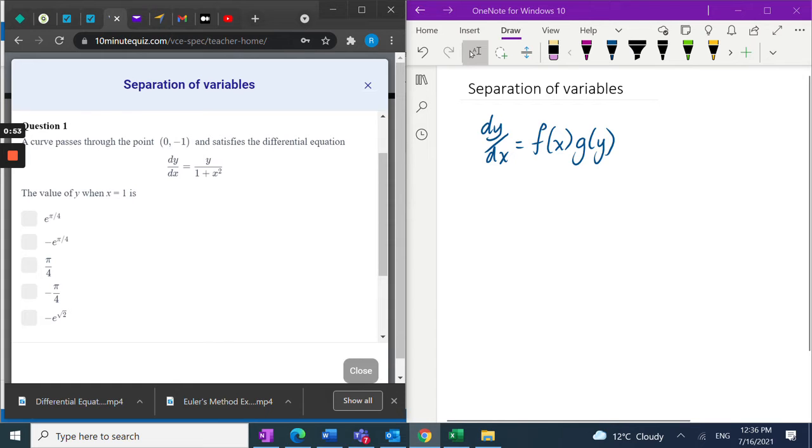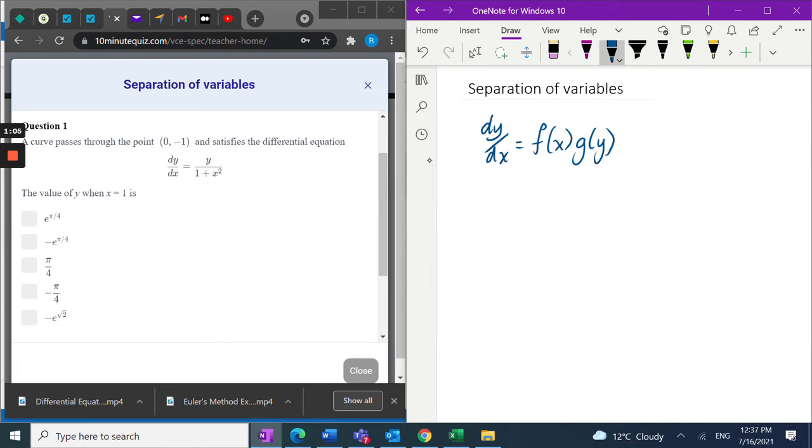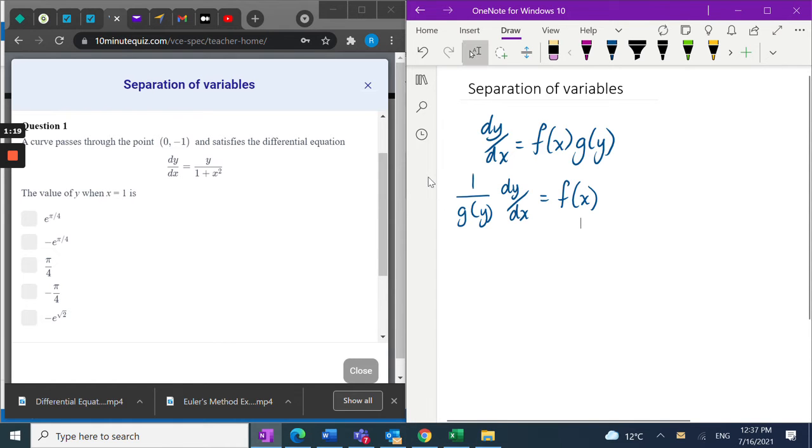We're going to basically move our function of y onto one side of the equation and leave our function of x on this side of the equation. So if we divide by g of y, what's actually happening is we're integrating both sides with respect to x.